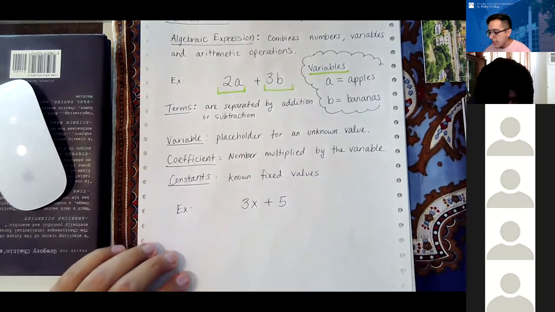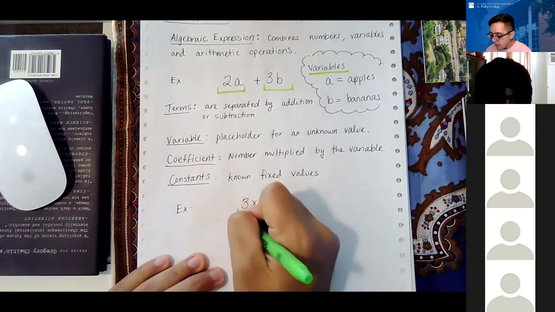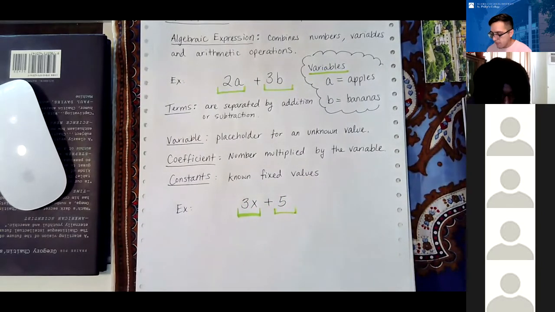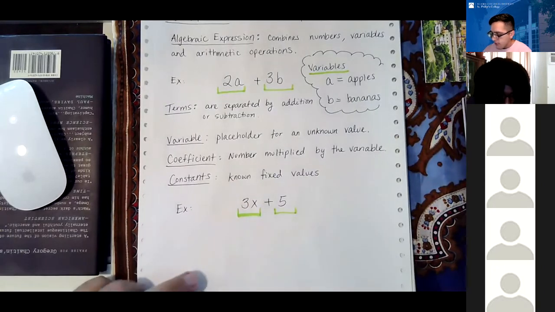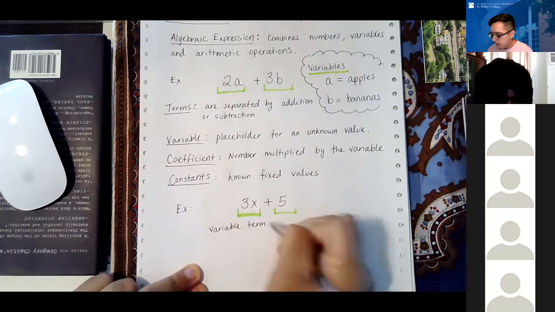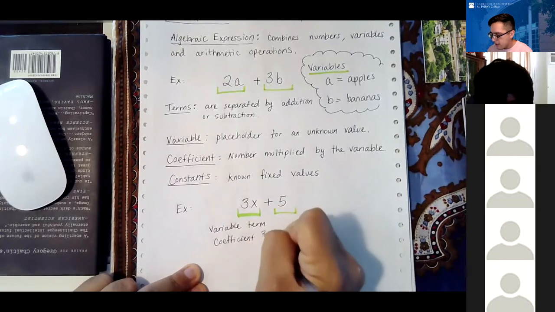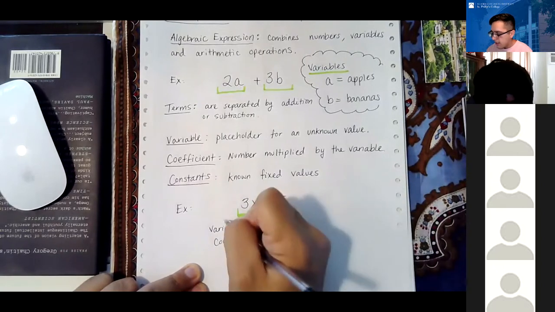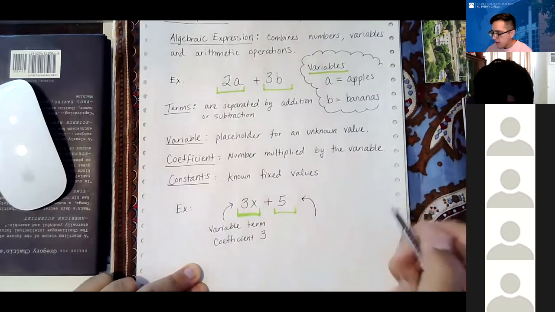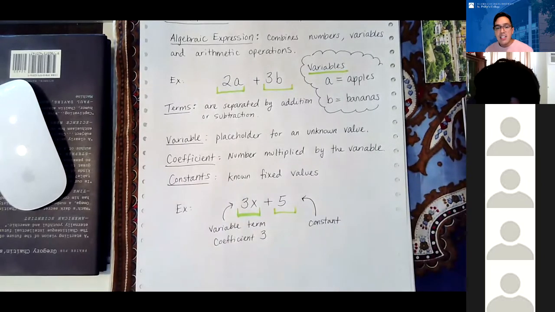Okay. Again, this has 2 terms. The terms are separated by the addition symbol. This first term is a variable term. It has a coefficient of 3. And this term over here is a constant. It's not attached to a variable, so that value doesn't change. We know the value of that, and it's the number 5.